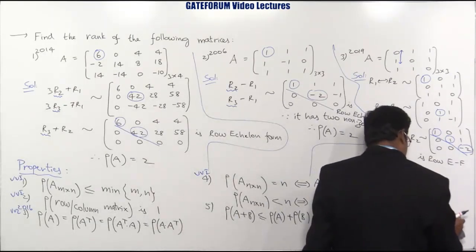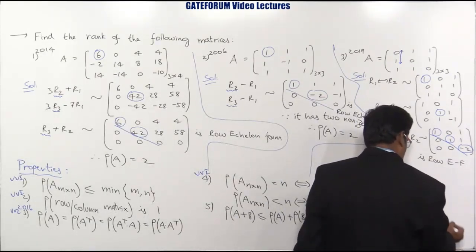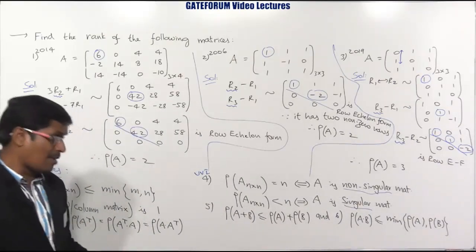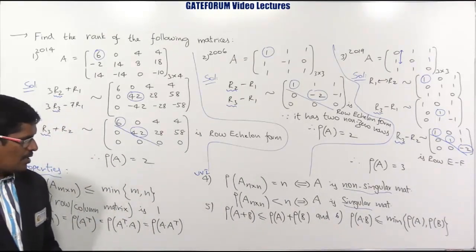That means it is preceded by each of the ranks. The rank of a product of matrices is less than or equal to both rank A as well as rank B, that is, the minimum of rank A, comma, rank B.